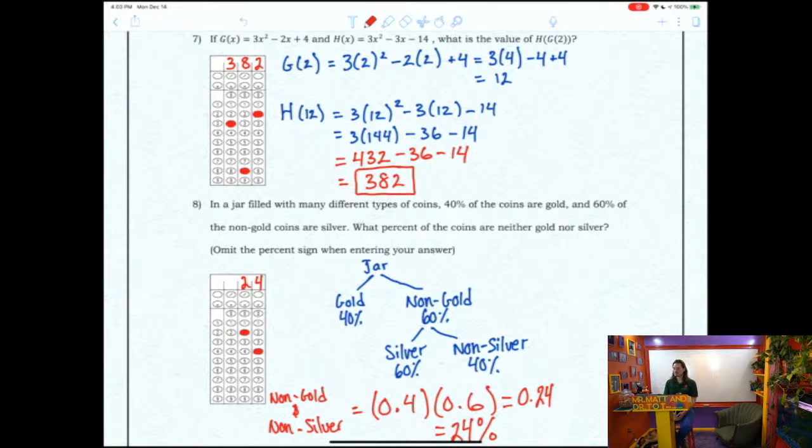Then I can split up the non-gold category, because they say that 60% of the non-gold coins are silver. So 60% are silver, 40% are non-silver. So 40% of the 60% of the whole jar are both non-silver and non-gold. So you're going to have to multiply there.